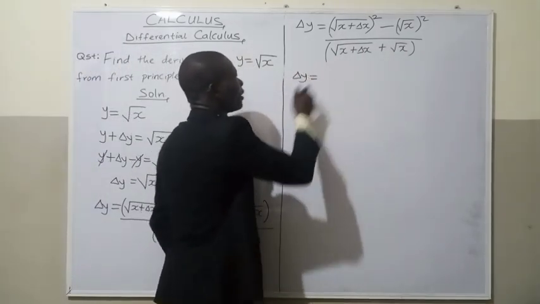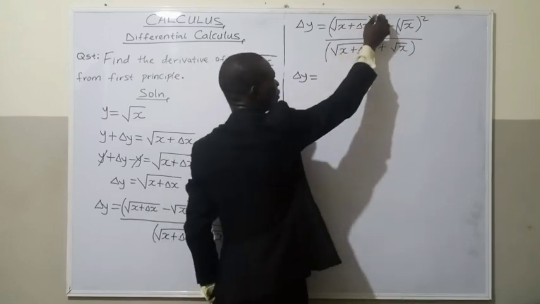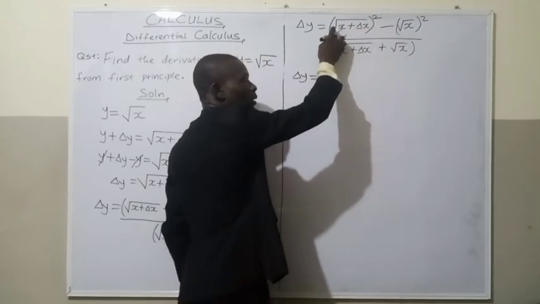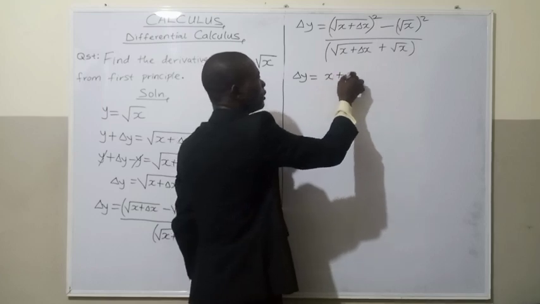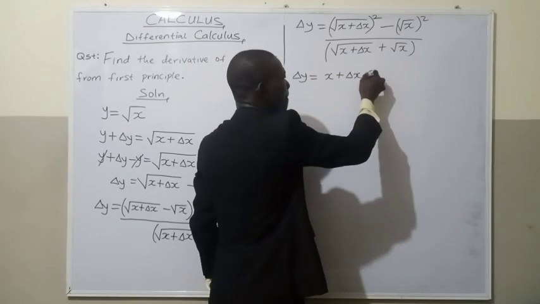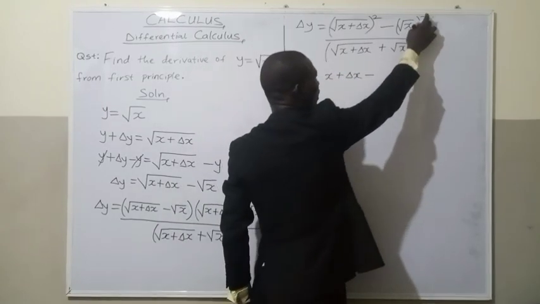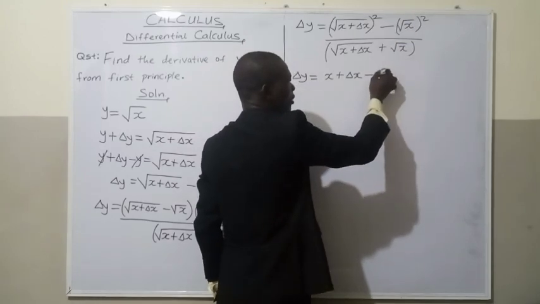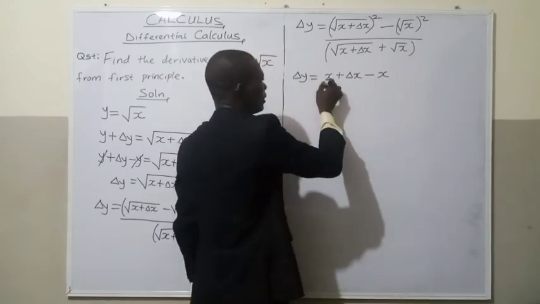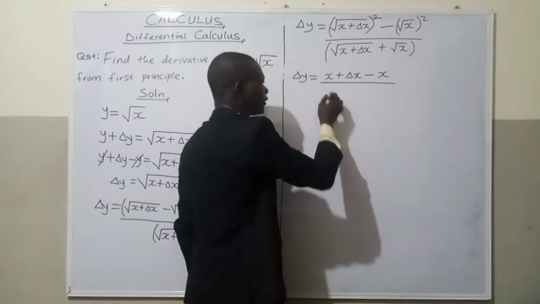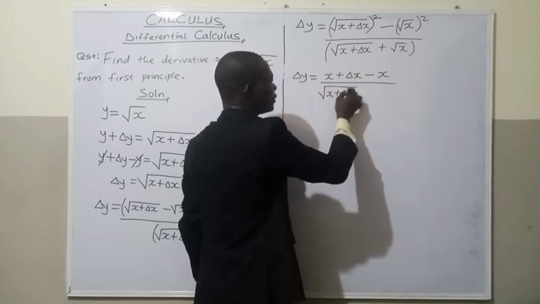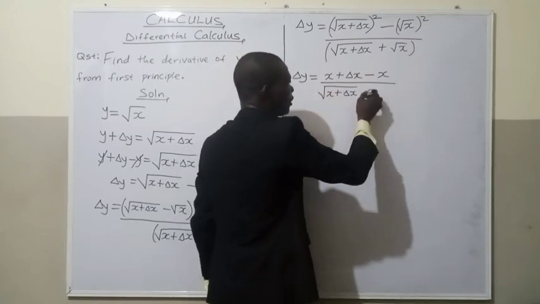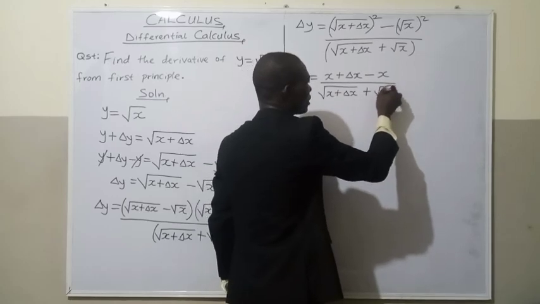Delta y will now be equal to, when you square this one, of course, this square is going to deal with this square root, and you'll be left with x plus delta x minus, this square also is going to deal with this square root, so you are going to be left with only x, and the denominator remains root of (x plus delta x) plus root x.